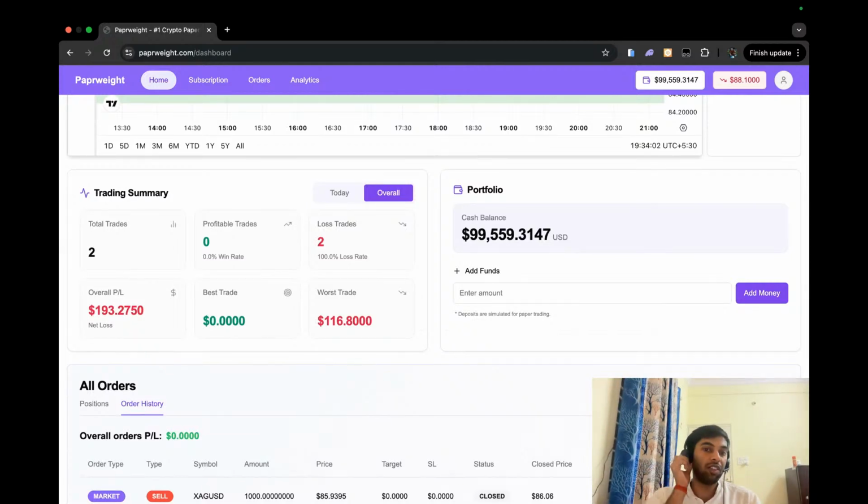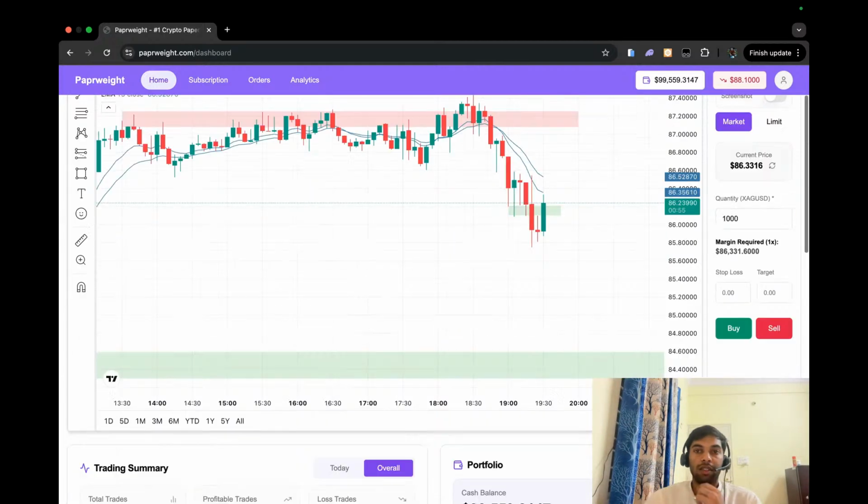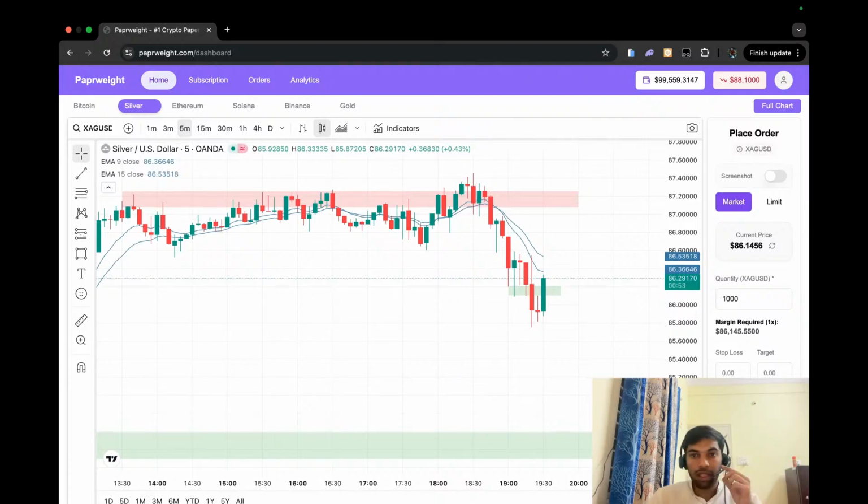We are just left with one more trade. 8625.